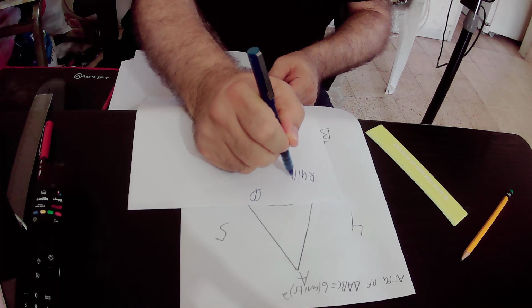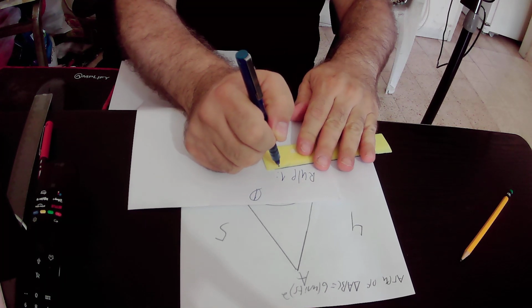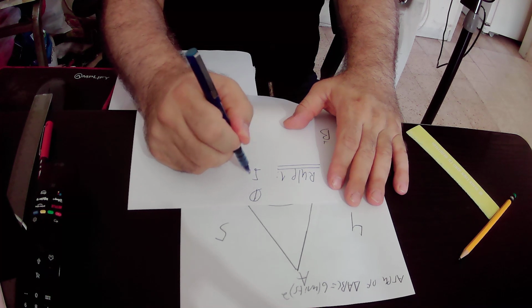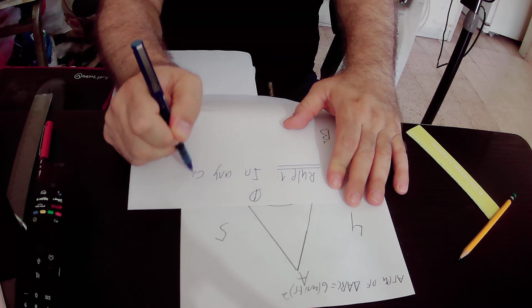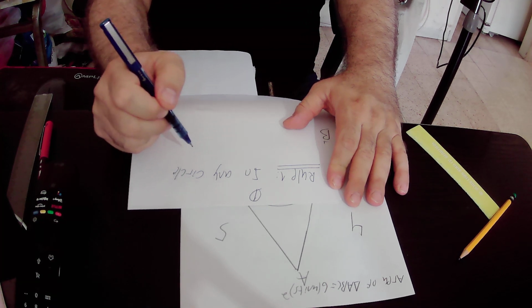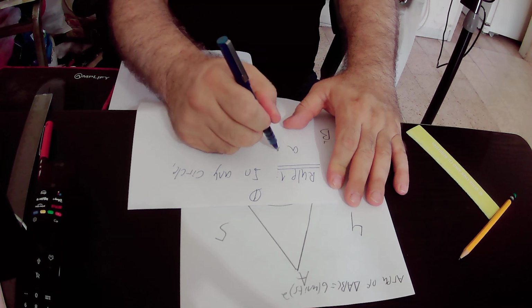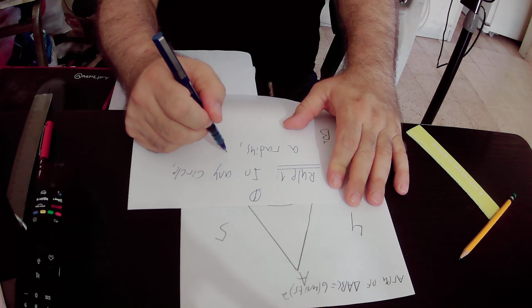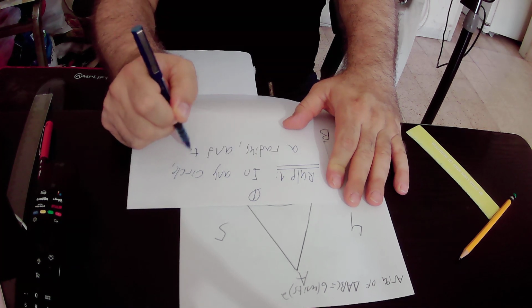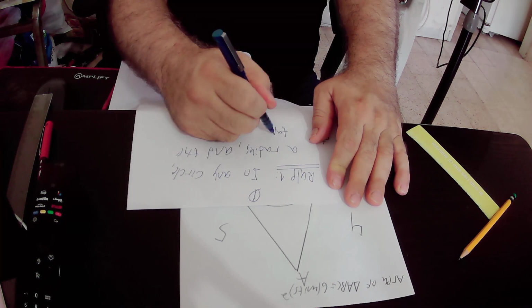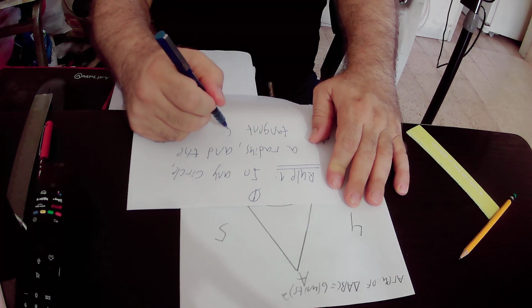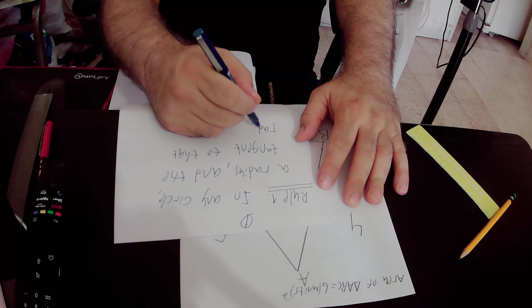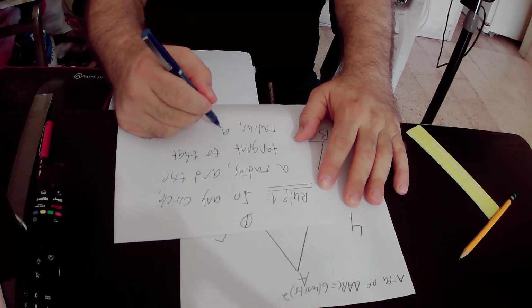According to rule number 1, in any circle, a radius and the tangent to that radius are perpendicular to each other.